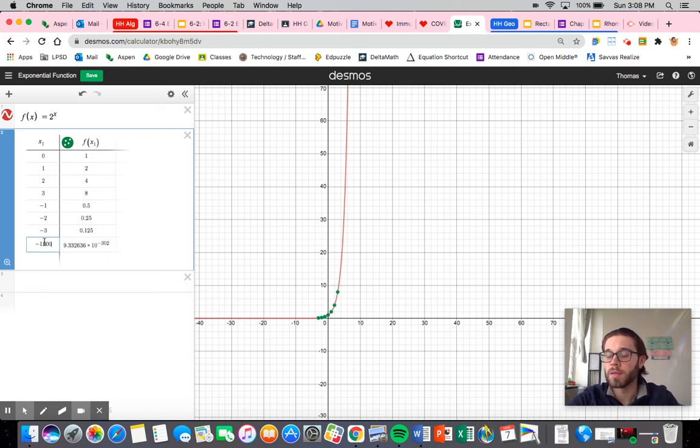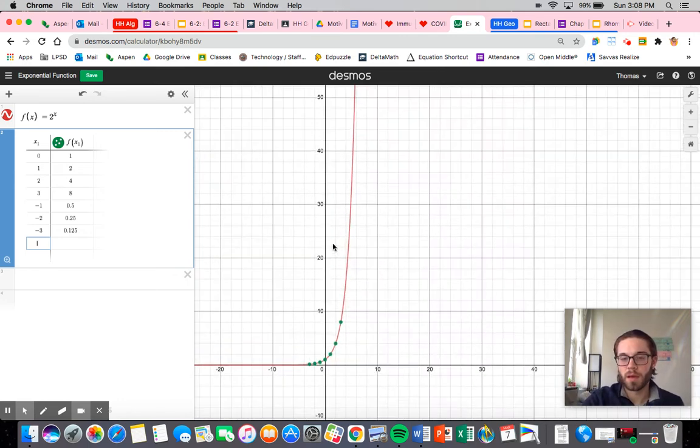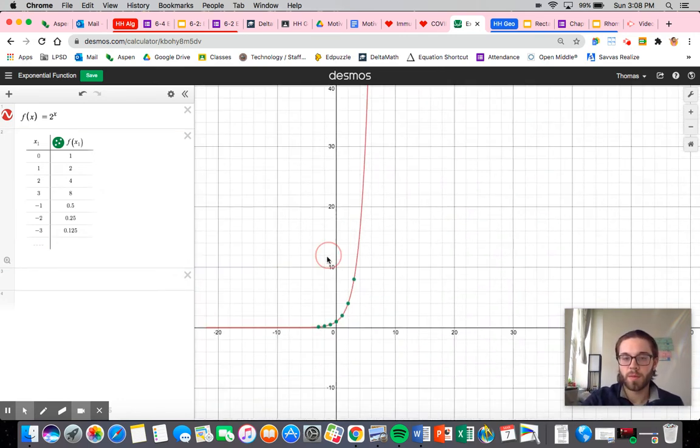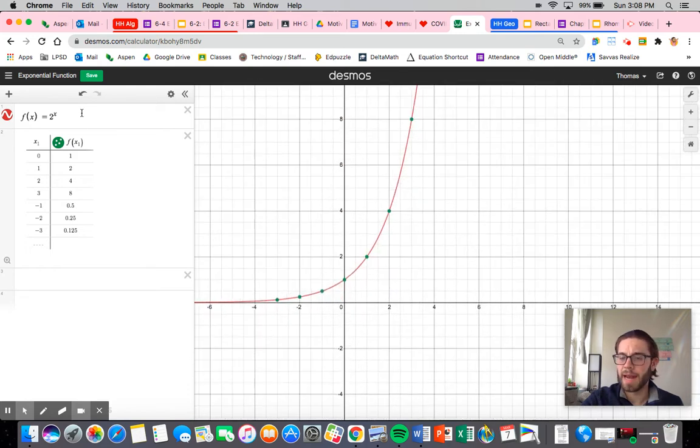It's too small for the program to even register. But it's still not quite 0. That's the point I'm getting at here. So it gets infinitely closer, and that is something called an asymptote. And depending on your function, your asymptote can change. Your general one with nothing added, your asymptote is always just going to be the x-axis. Okay, so it's never going to cross the x-axis.